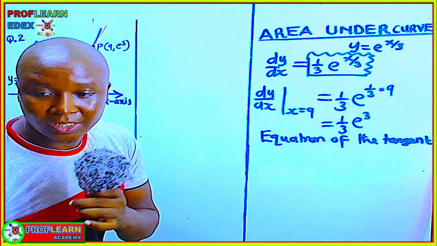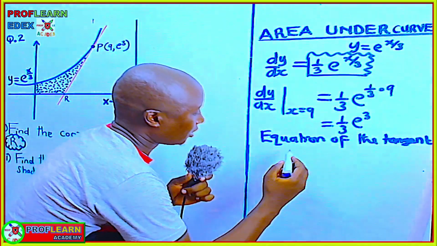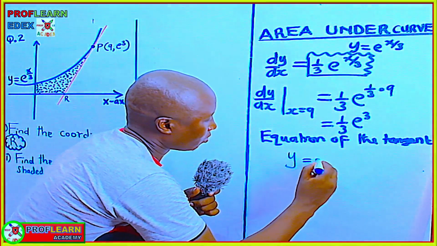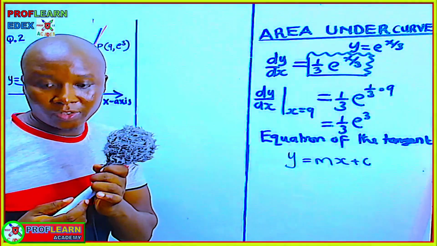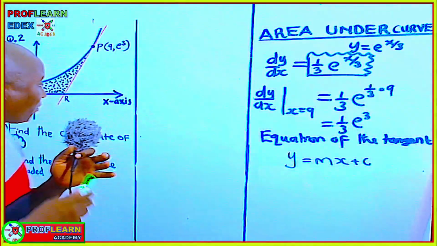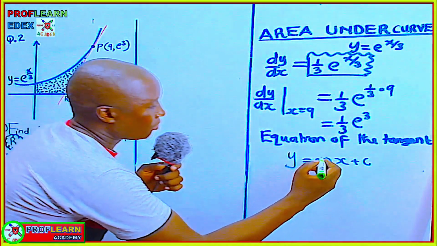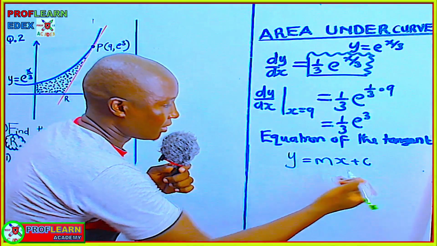Then we need to find the equation of a straight line, which takes the form y = mx + c, where m is the gradient and c is the y-intercept.